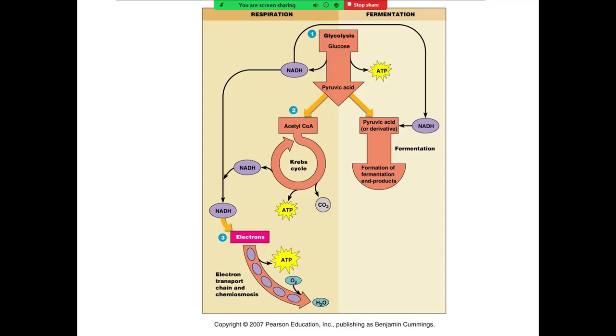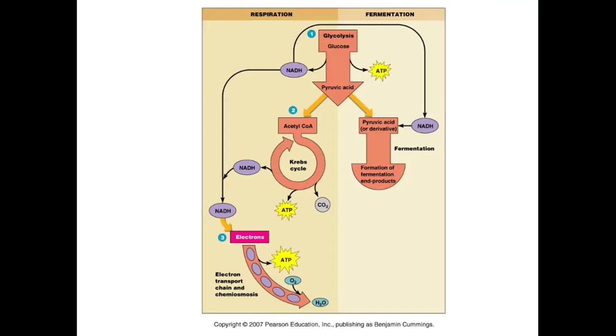And then you have the end product of fermentation, of which we will talk about two. In lactic acid fermentation, the end product is lactic acid. And ethanolic or ethanol fermentation makes ethanol. Any questions about this overview slide?